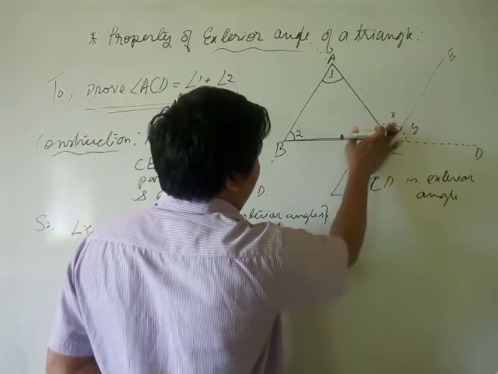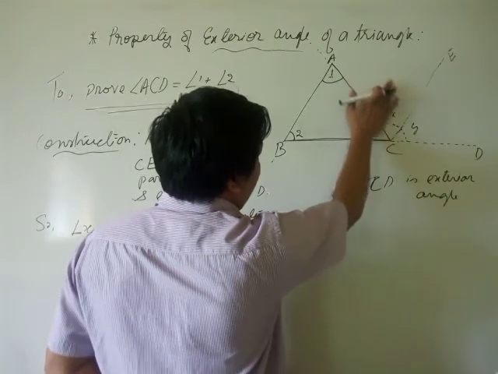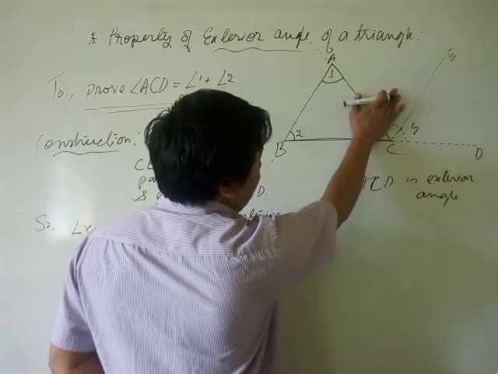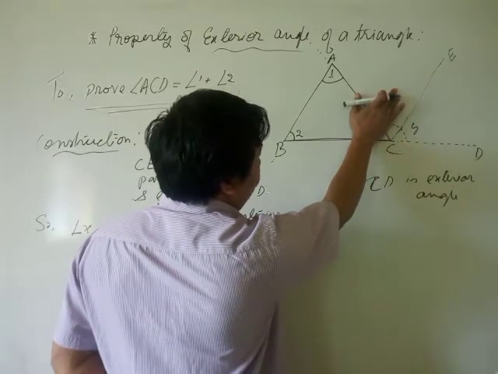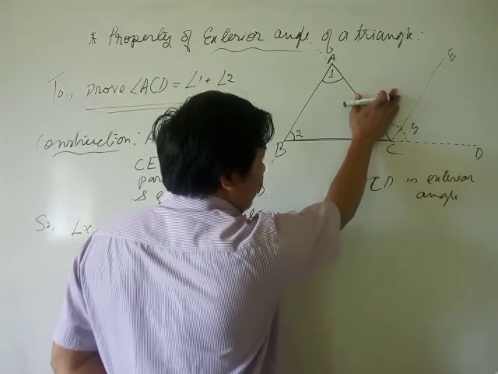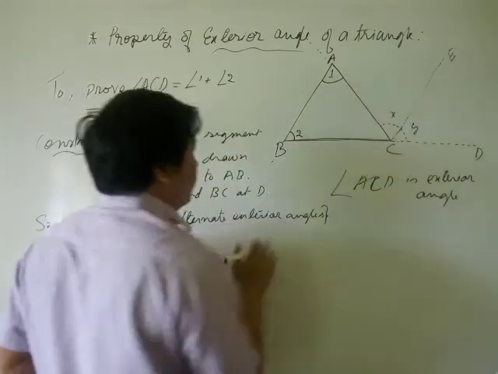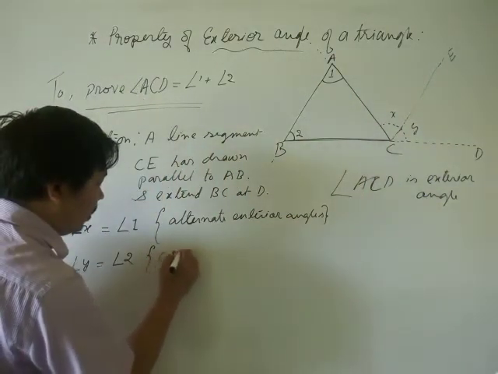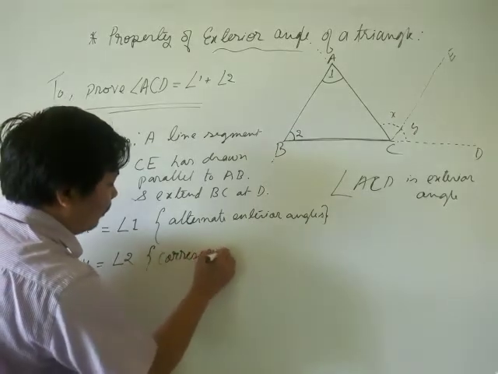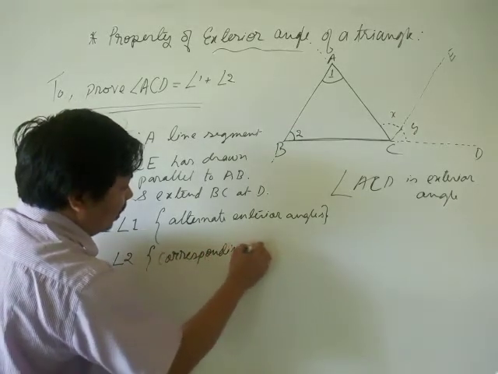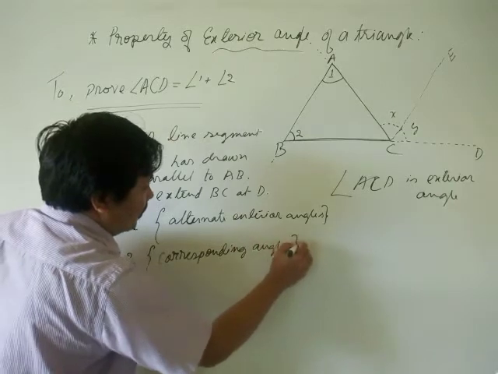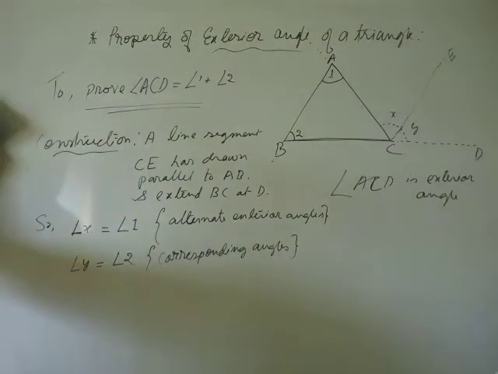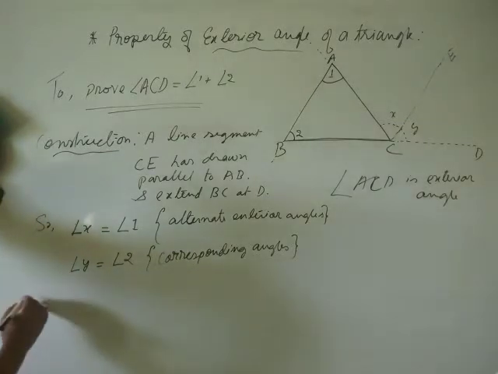Now take out this line here, and you think that there are two parallel lines and BC is the transversal, and angle 2 and angle y are corresponding angles. So they are the same. Corresponding angles.